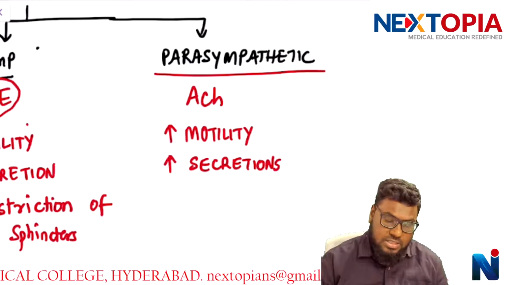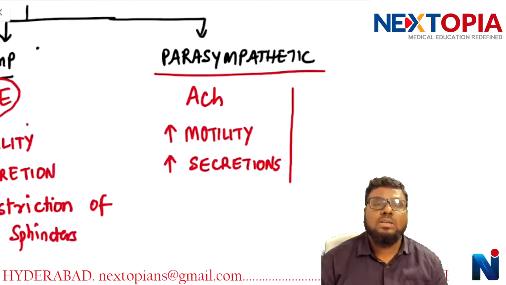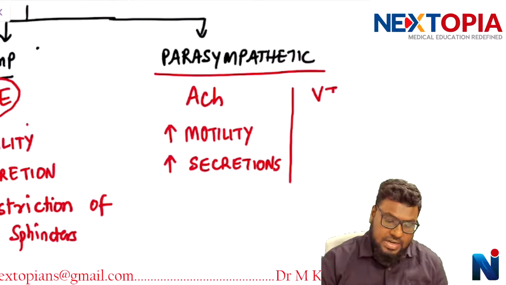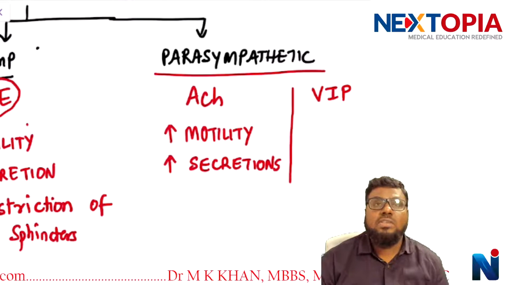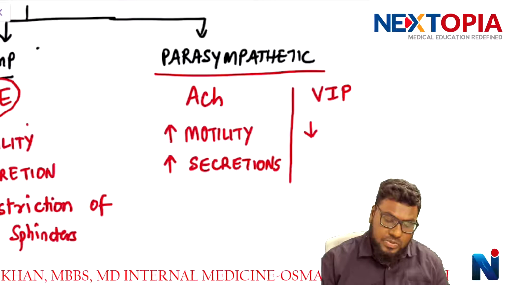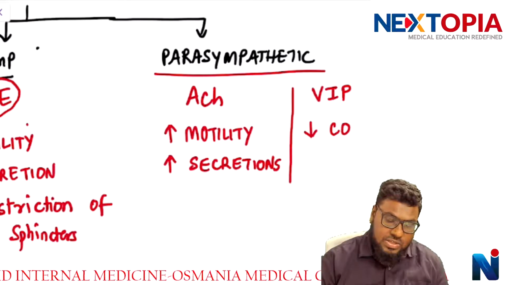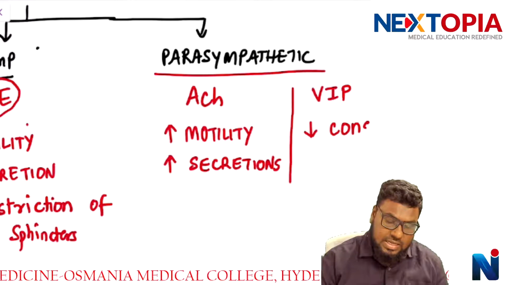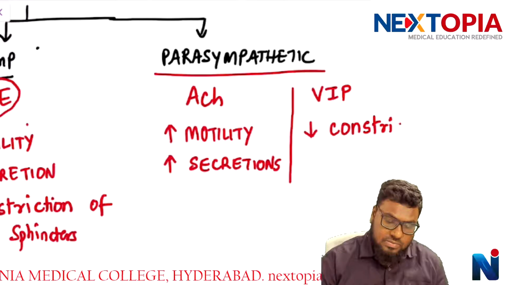The other neurotransmitters like vasoactive intestinal peptide cause relaxation of sphincters, or decrease the constriction of sphincters.